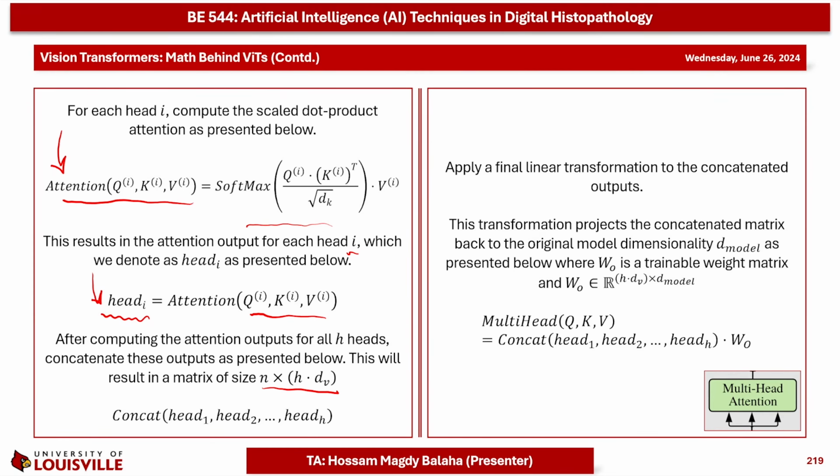After the concatenation, you apply a final linear transformation to the concatenated outputs. This transformation projects the concatenated matrix back to the original model dimensionality, D model, by simply multiplying using dot product by WO, and WO is another trainable weight matrix. So for the multi-head attention, we get a matrix called multi-head of Q, K, and V.